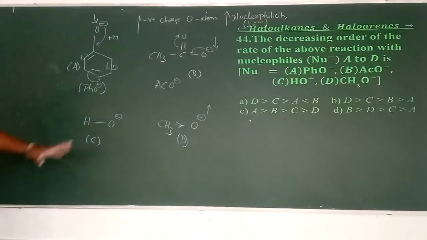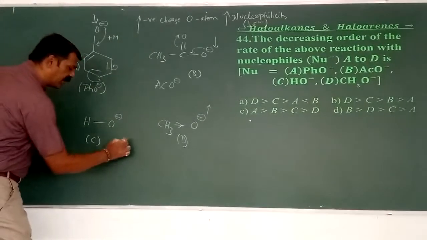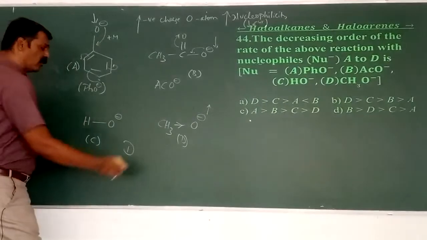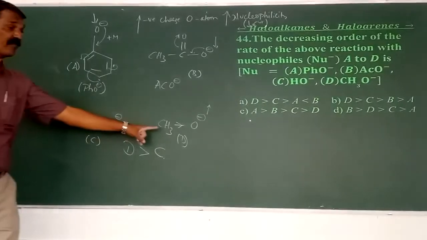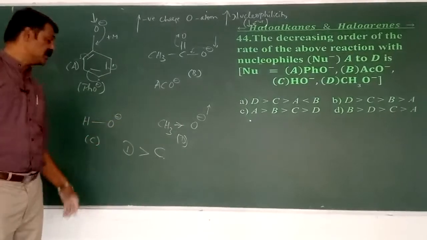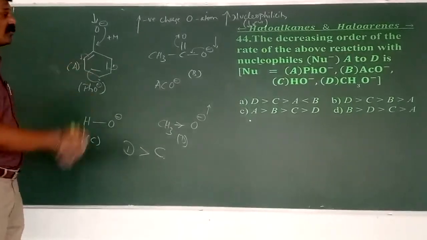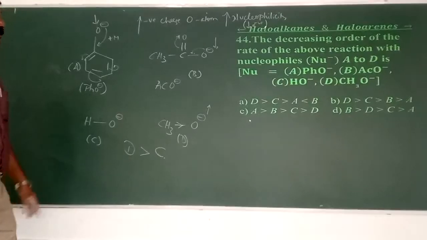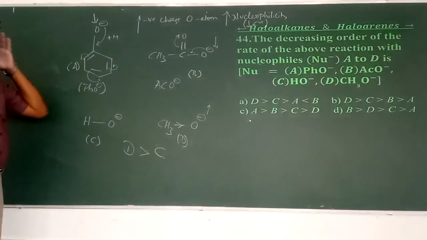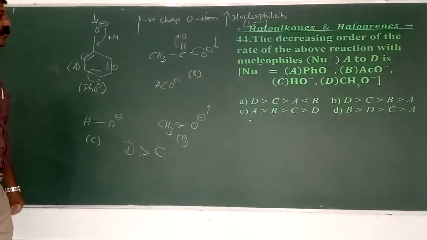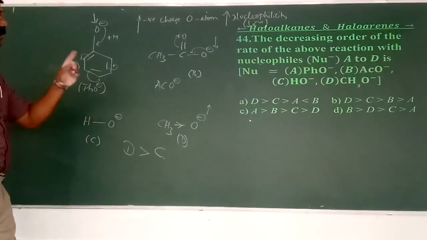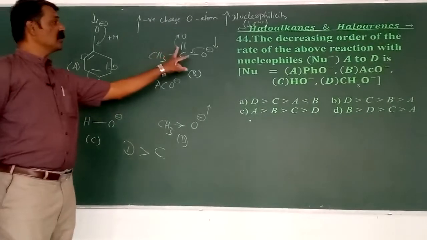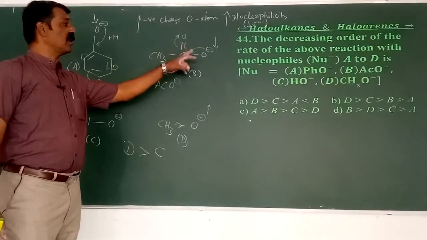Can I say that the negative charge is more in this case, followed by C. These are more preferred. Among these two, which is preferred? CH3O minus, because it is electron releasing, followed by OH minus. Next, we have the fight between the other two, A and B, where the negative charge is very least. Here the resonance is very fast because the groups are very adjacent.